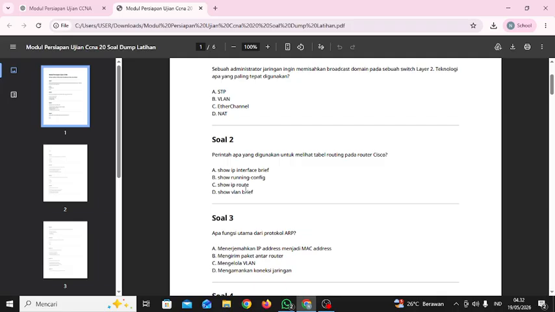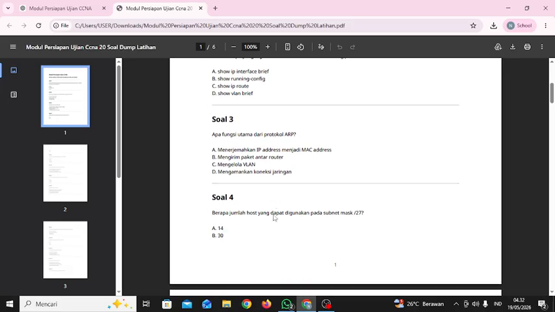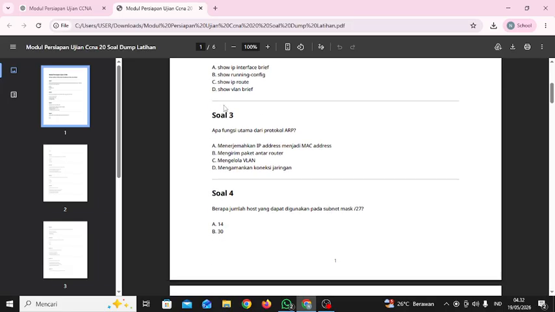Understanding routing tables is extremely important because routers make forwarding decisions based on this information. Next, we're going to question 3.